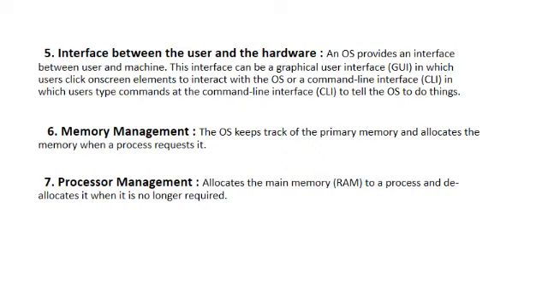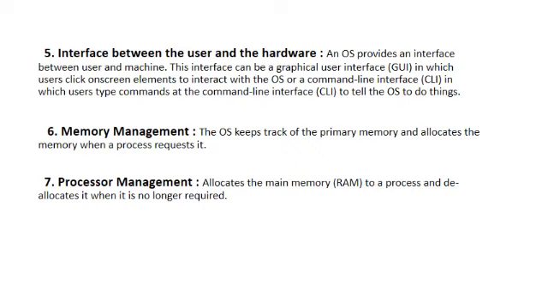In multiprogramming, the operating system decides the order in which processes are granted access to memory and for how long. It allocates the memory to a process when the process requests it and deallocates the memory when the process has terminated or is performing an input-output operation.